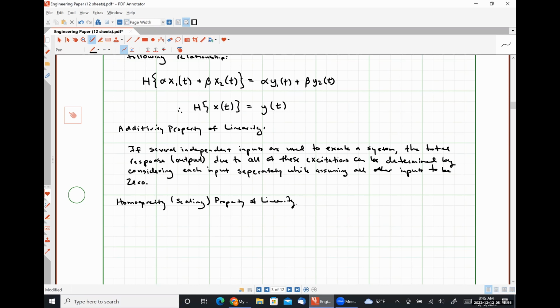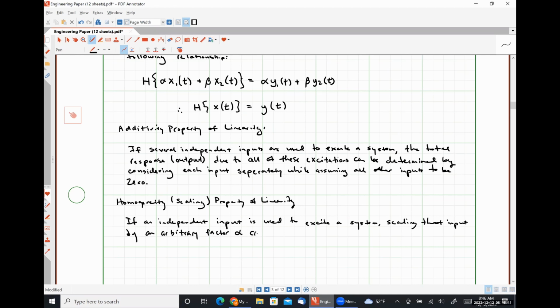So the homogeneity property says if an independent input is used to excite a system, scaling that input by an arbitrary factor alpha causes the output to scale by the same amount.